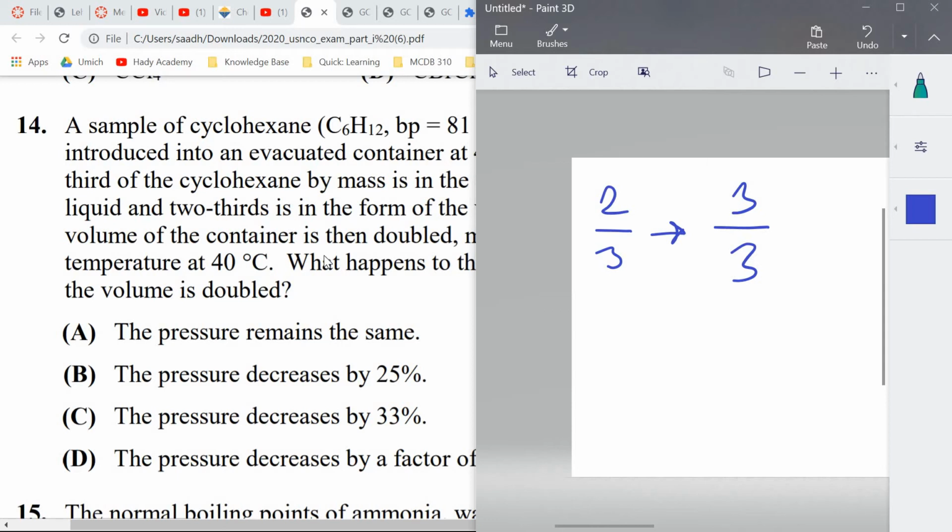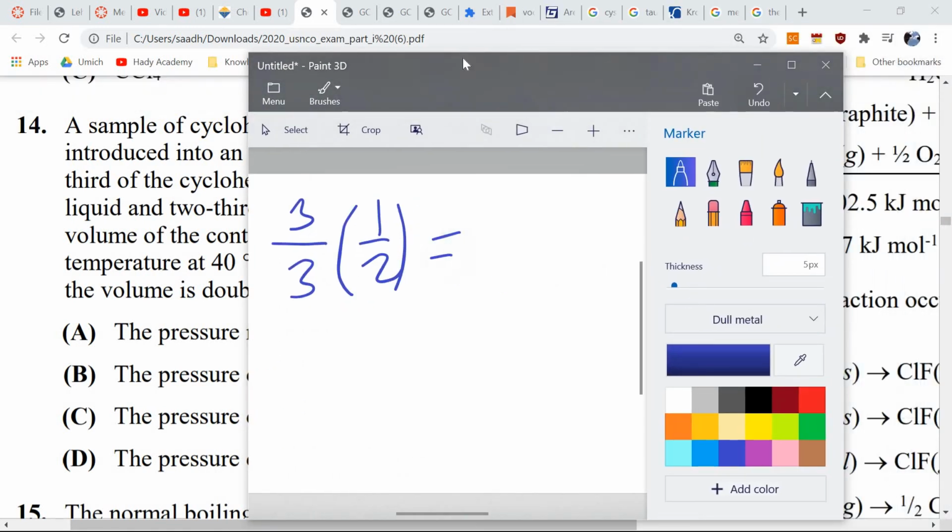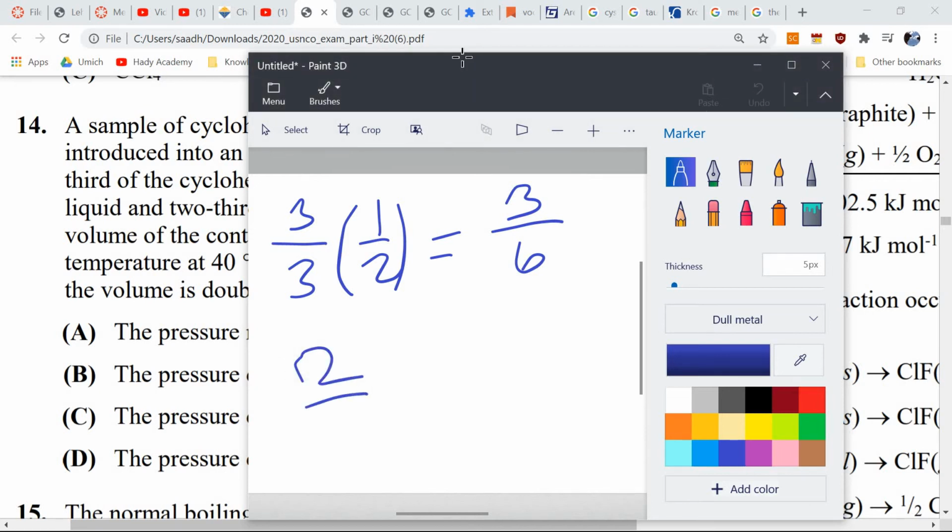Now that we've doubled the volume, this is going to decrease by half, okay? And so we have 3/6. We had 2/3, relatively. Now we have this relative number of 3/6.